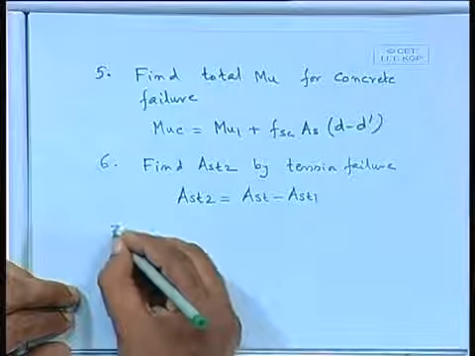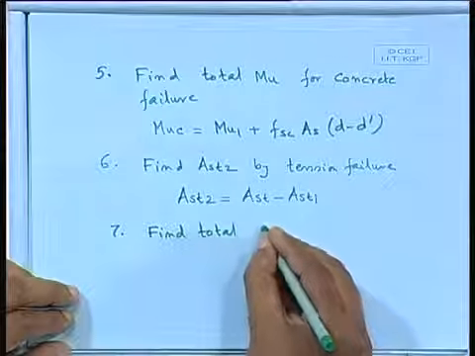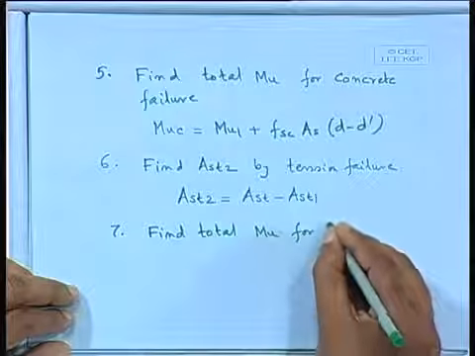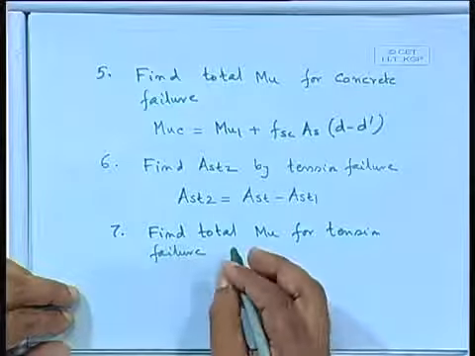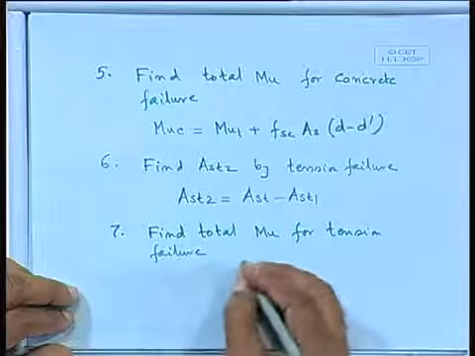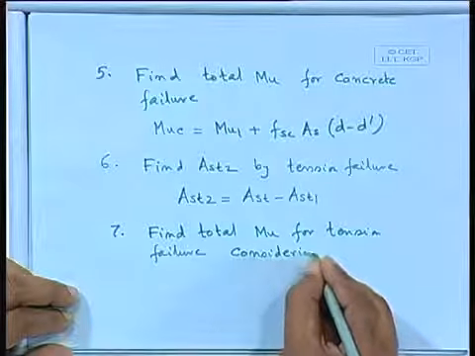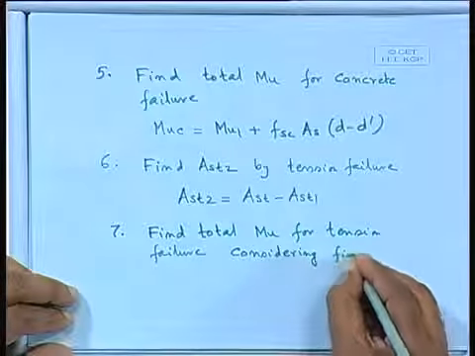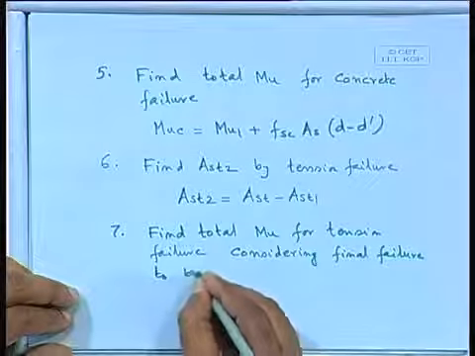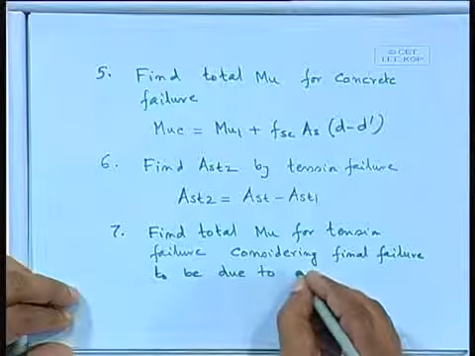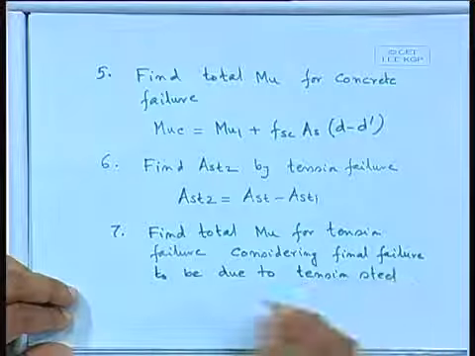Number 7, find total Mu for tension failure, considering final failure to be due to tensile steel reaching yield.